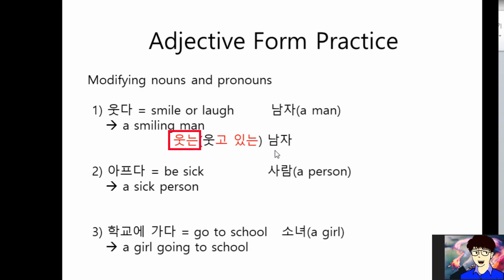However, when you try to express present progressive description, in that case, you can say 웃고 있는 남자. So you have to put 고 있는. Okay? So when you want to say a smiling man, you can say 웃는 남자 or 웃고 있는 남자.